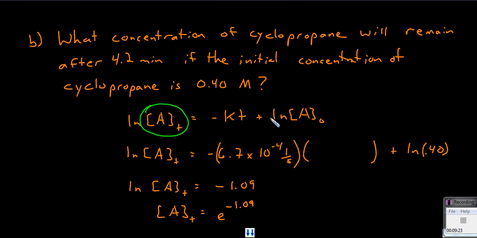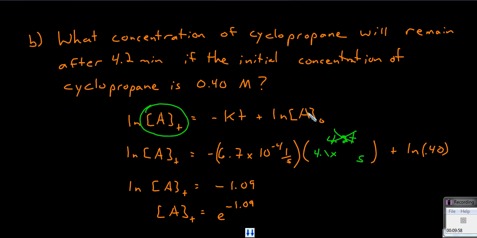And so you're given 4.2 minutes and all these other things, but you can't plug in 4.2 minutes for your time because our k is in 1 over seconds, and so it's important that we're plugging in for seconds here. So the number of seconds that is 4.2 minutes is actually, I don't know, 4.2 times 60.